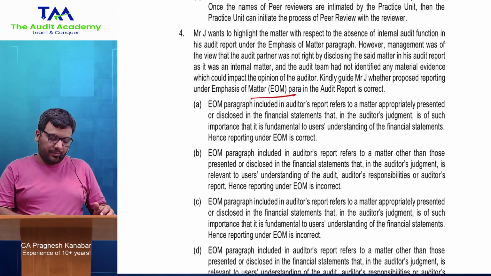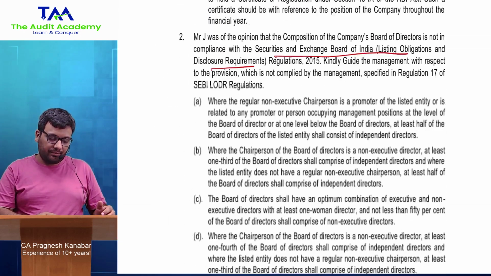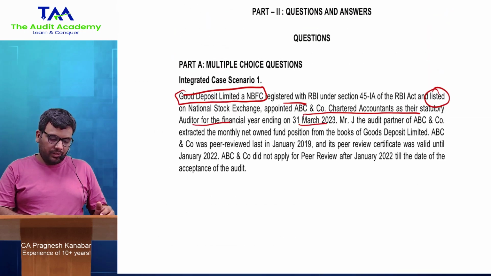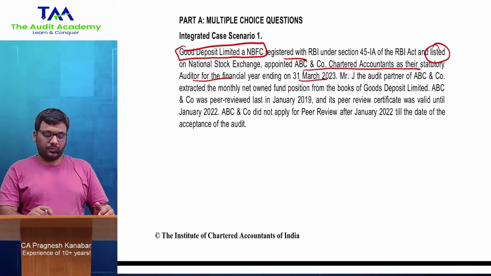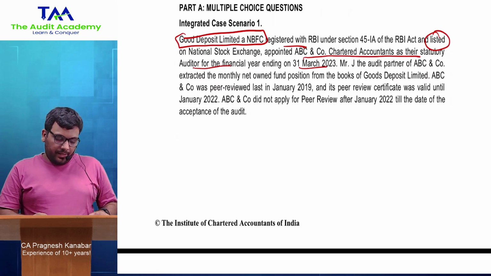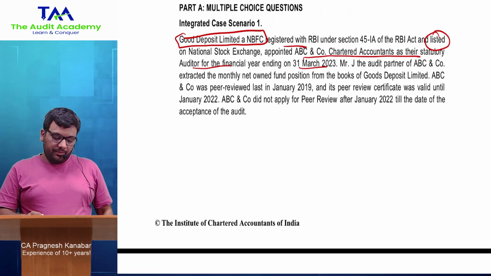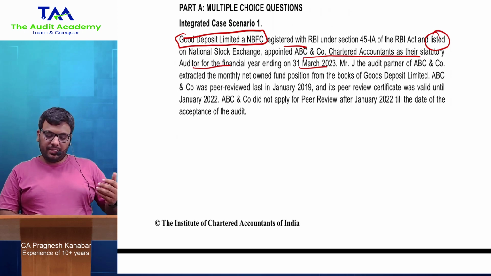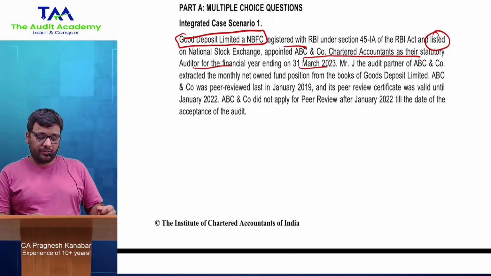Now quickly let us try to save our time by going through the questions. So we will now go to the case study based question over here. The very first thing: Good Deposit Limited, NBFC, registered with RBI and listed on NSE, appointed ABC and Company Chartered Accountants as their statutory auditor.